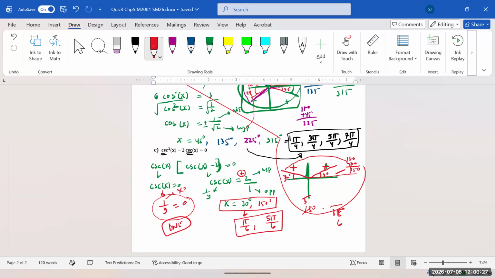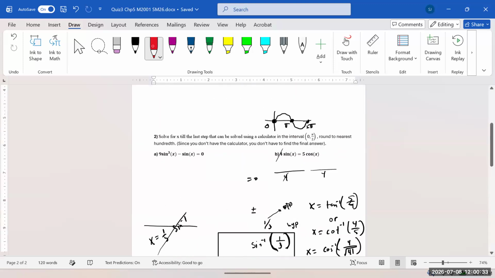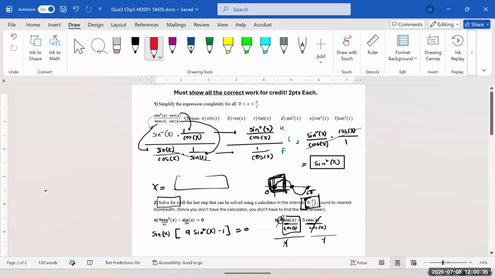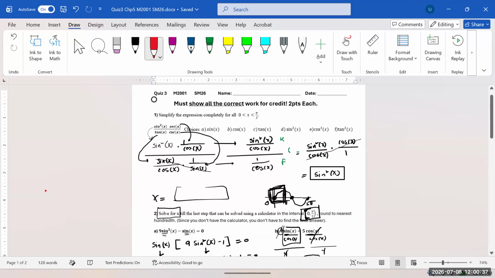So all of these, at least one of these equations and at least one question from this page, we are going to see in the final exam, which is tomorrow. Oh yeah, it's tomorrow. Wow, I totally forgot.